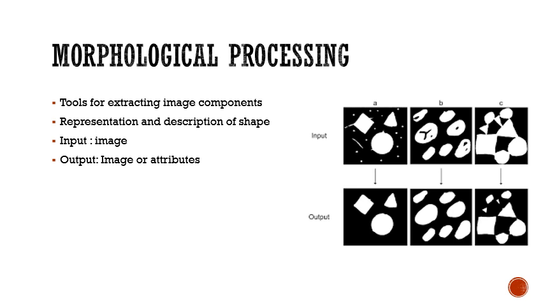What you observe here in the figure is when input is an image and output is also an image. Here you can observe that based on the shape, the filtering or the morphological processing is done. I've already told in the introductory video that we use some processes or tools like erosion, dilation, etc. We will be learning more of this in the future modules.